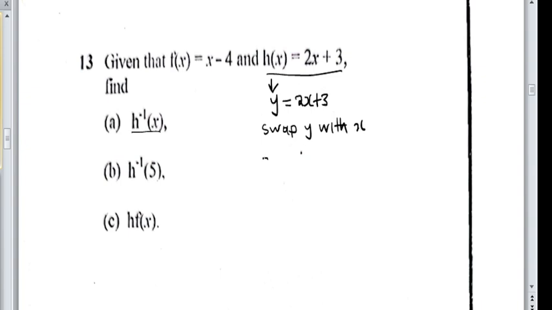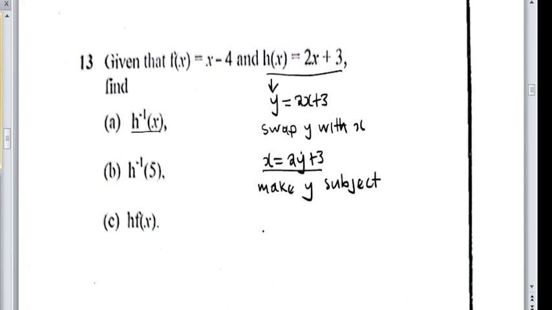While there is y, it becomes x. While there is x, it becomes y. So x is equal to 2y plus 3. Then finally, you now make y to be the subject of the formula.